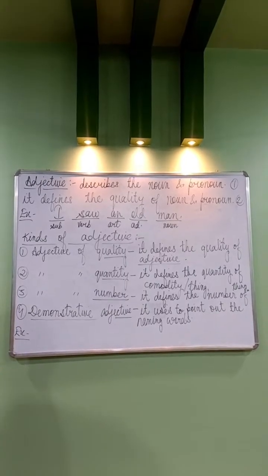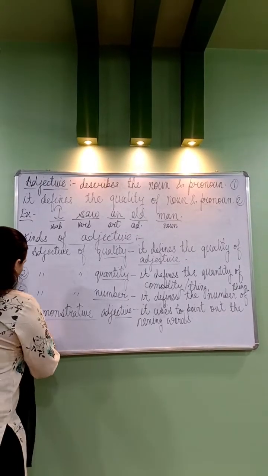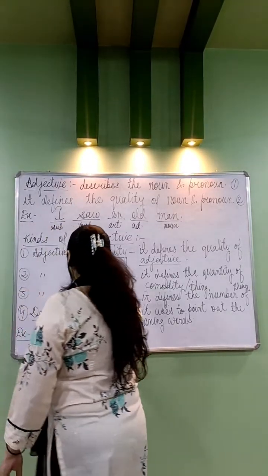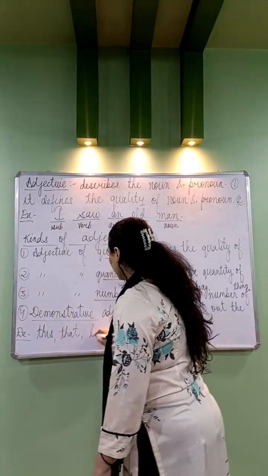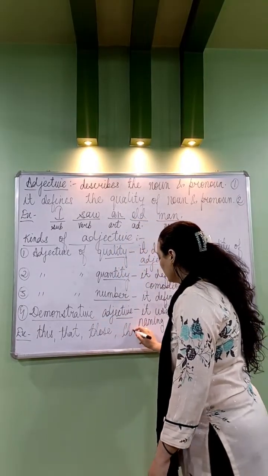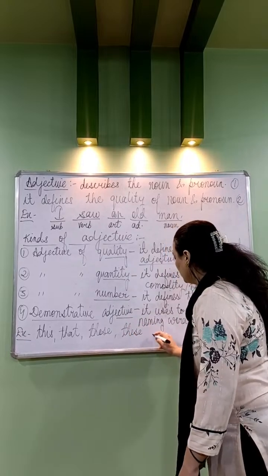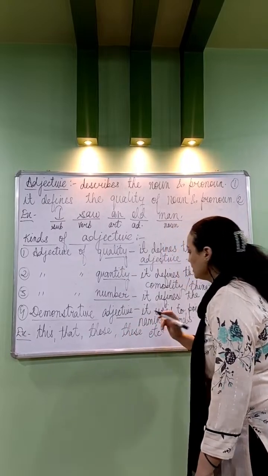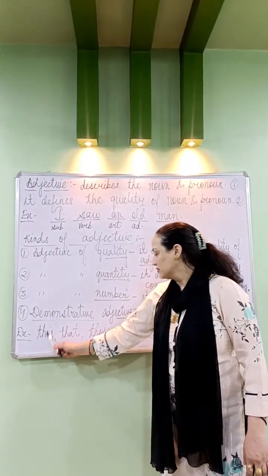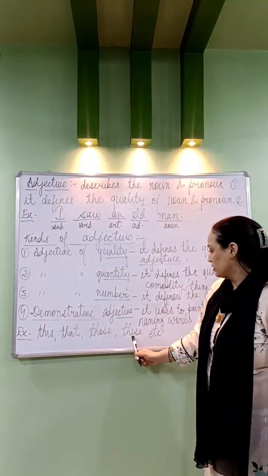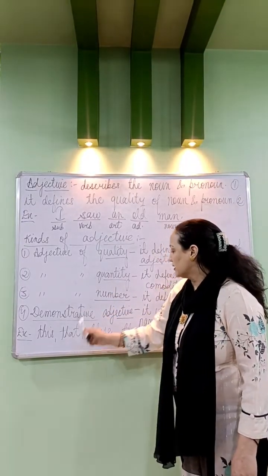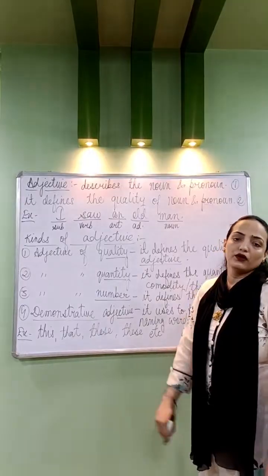So examples for this will be this, that, those, these, etc. This we use for singular cases, these we use for plural cases, that we use for singular cases, and those we use for the plural cases.